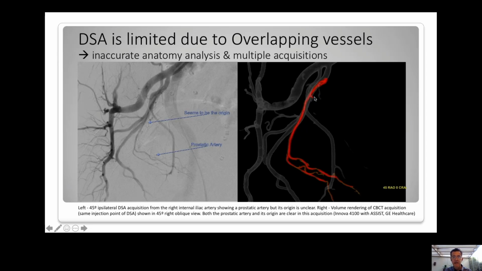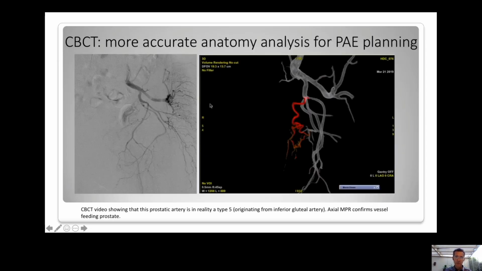We see that it is a long artery, and we can clearly identify it. So there is a misunderstanding if you use only DSA, and that's one of the reasons that you should use cone-beam CT, like in this other case, when we are planning to identify the artery for its catheterization and to perform PAE in a good fashion.